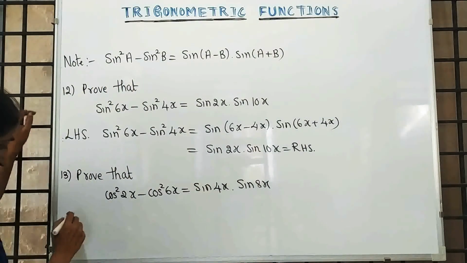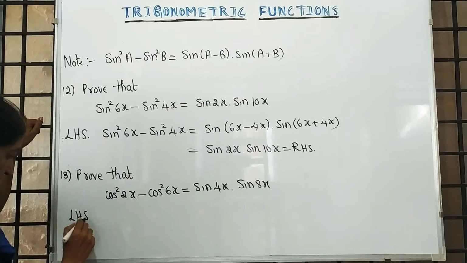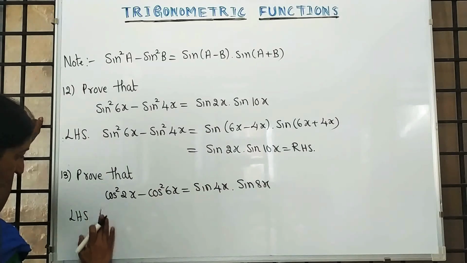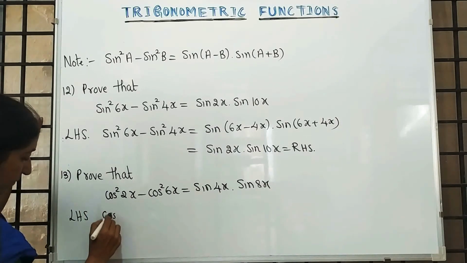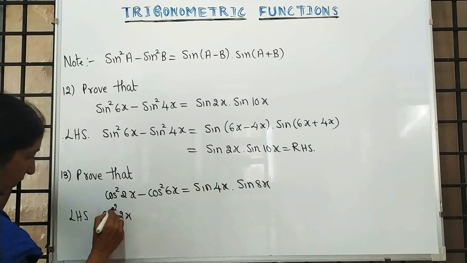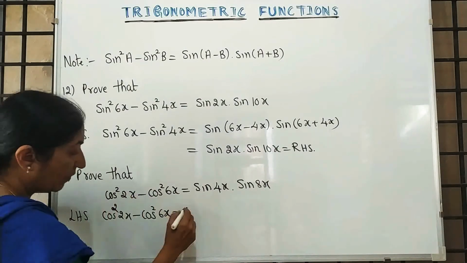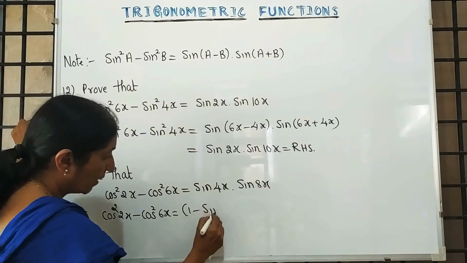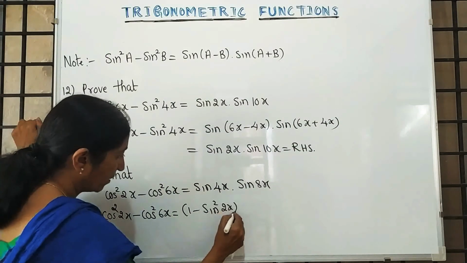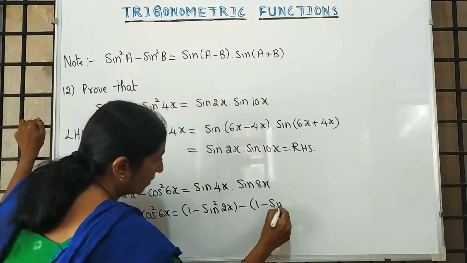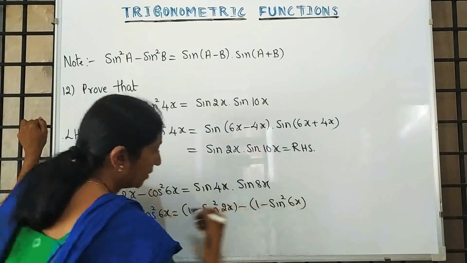See, I am writing the LHS, left side. Cos square 2x minus cos square 6x. I am converting that cos in terms of sin. 1 minus sin square 2x minus 1 minus sin square 6x.